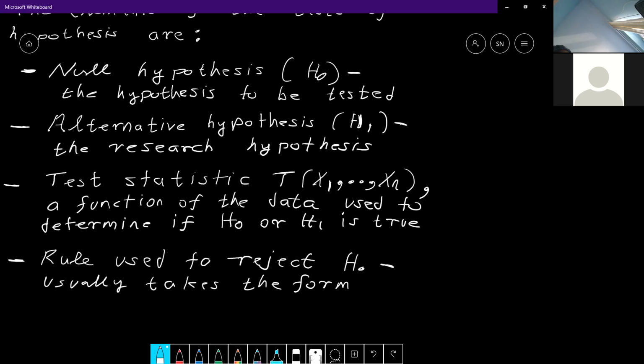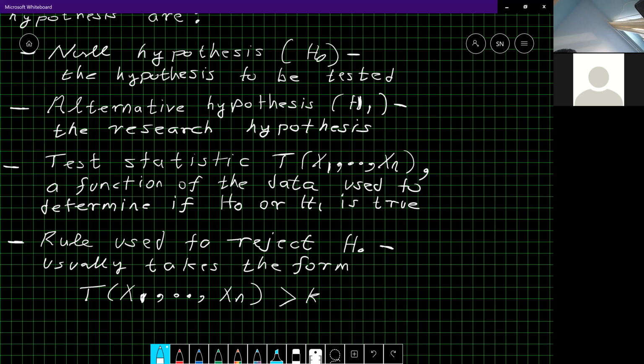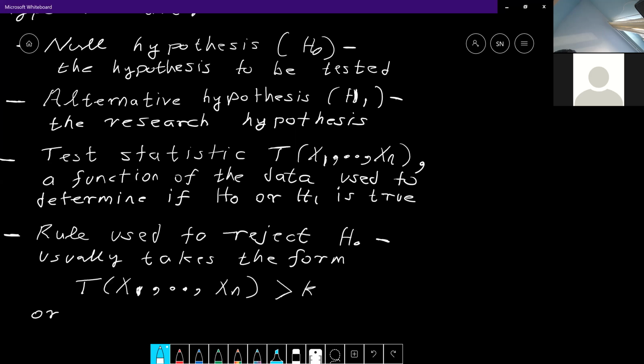It either takes the form where the test statistic T is greater than a constant K, or it takes the form where the test statistic is less than a constant.